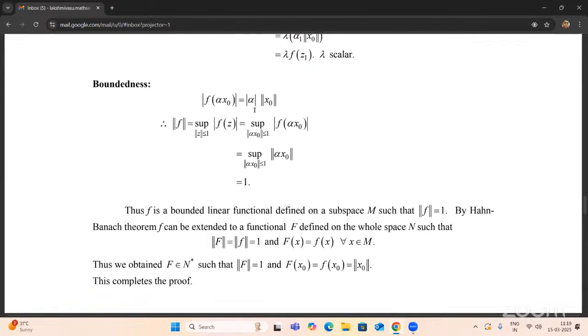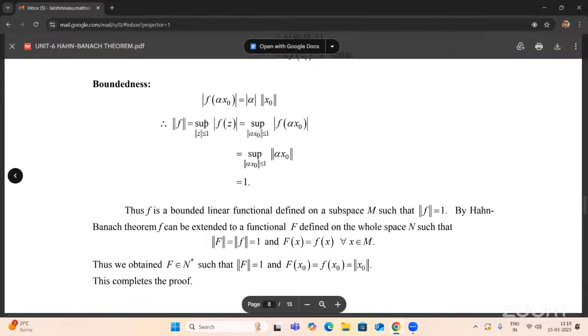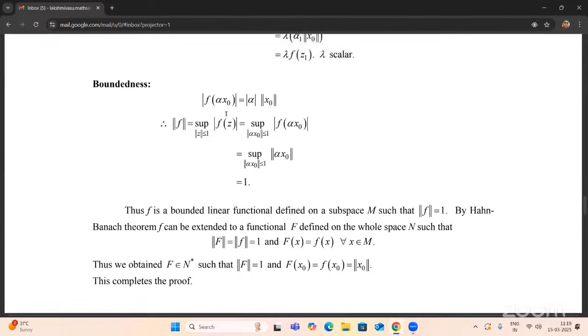What is the boundedness of this part? Mod f of alpha x naught equals mod alpha into norm x naught. So norm f can also be written as the supremum of the absolute value of the function, where norm z is less than or equal to 1. That is the given condition. So here z means alpha x naught, with norm alpha x naught less than or equal to 1.